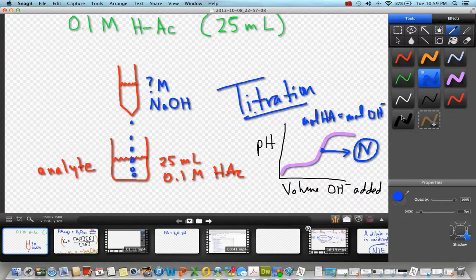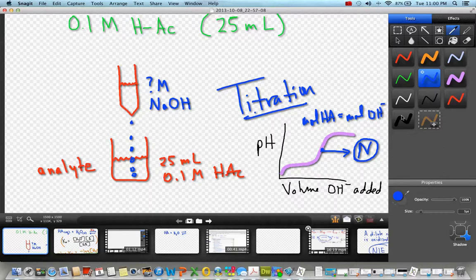Again, to set the stage, because what we're going to do now is calculate some critical points in this titration curve. Then we're going to go into the lab and do an experiment in which we either validate or correct our theoretical predictions. In an idealized situation, the pH that we predict for each point should be equal to the pH that we obtain experimentally for each point.